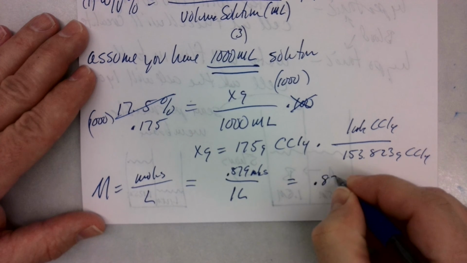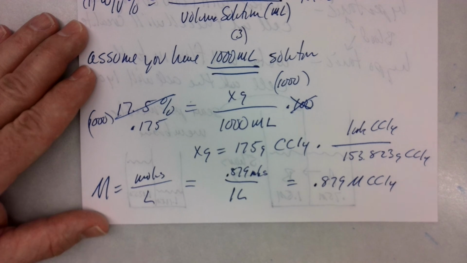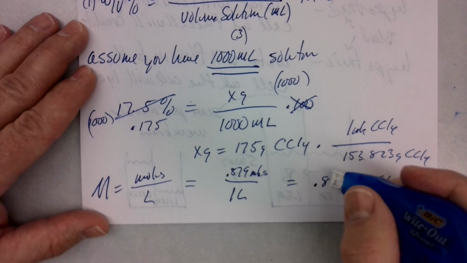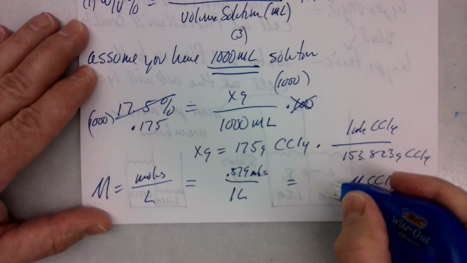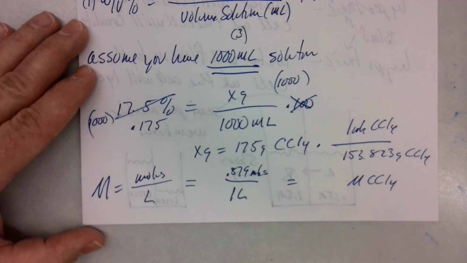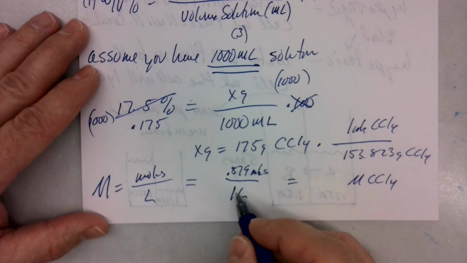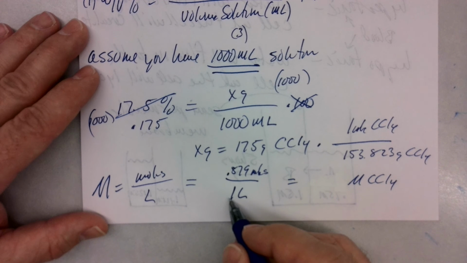So just 0.879 molar CCl4. Oh no, I forgot to divide it. When I divide that, what do I get? I'm going to divide that by 1 still, don't I? Divide by 1 is the same. Wait a minute.